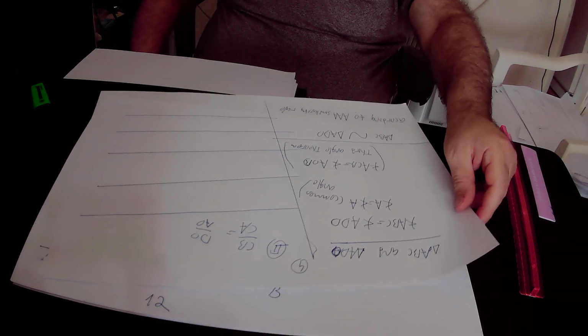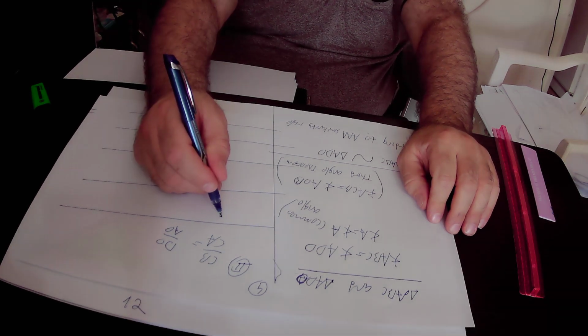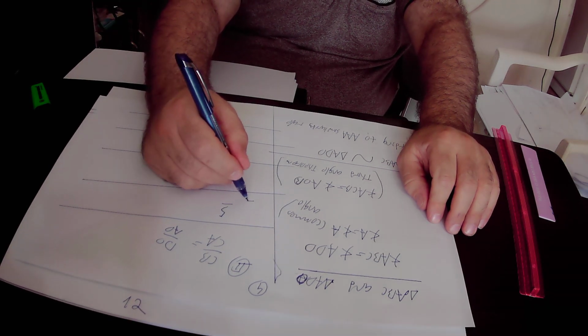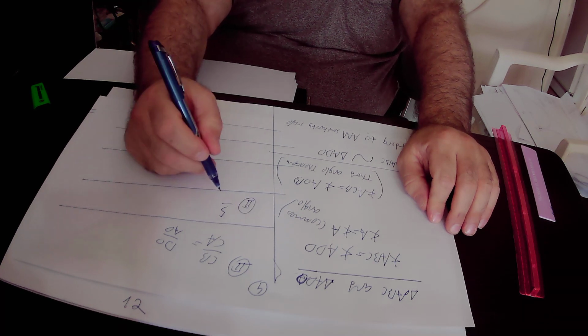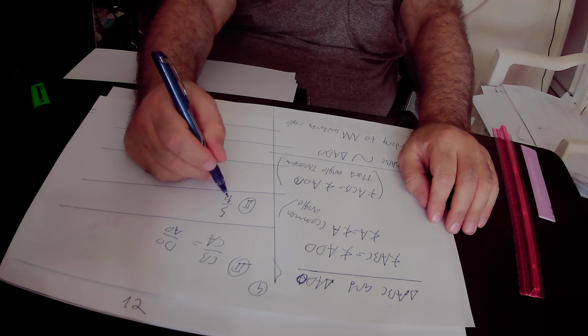But we know that CB equals 5 units. We have already found out that CA, the hypotenuse of triangle ABC, equals 13 units.